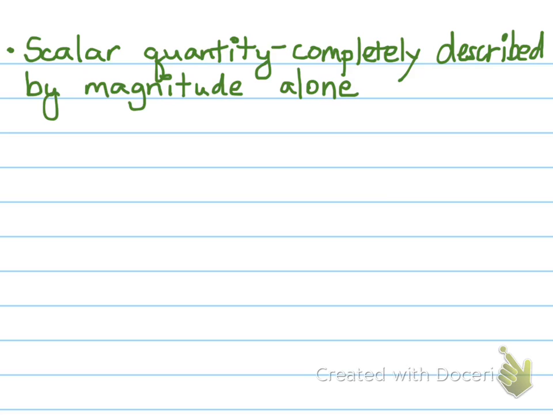So they only need a size. For example, speed is a scalar quantity.